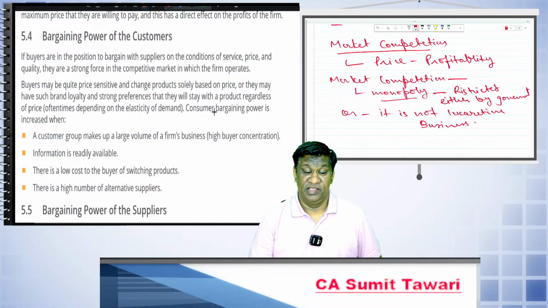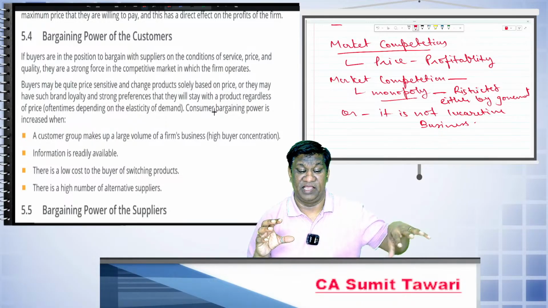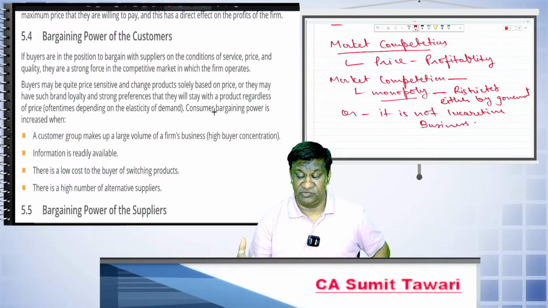If a single customer can buy a large volume from multiple suppliers, and we act as a supplier in that situation, then we need to take the price from the customer. We do not have much bargaining capacity, so that will become a threat.